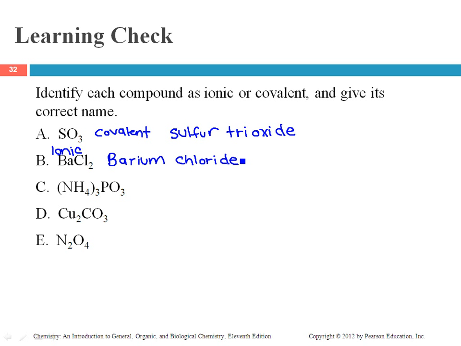Okay. Our number C, maybe the most difficult one of the bunch here. We have ammonium. So we have to recognize NH4, anything in parentheses is going to be a polyatomic ion. Okay, so if you look at your polyatomic ion chart, then we see that ammonium, like so.